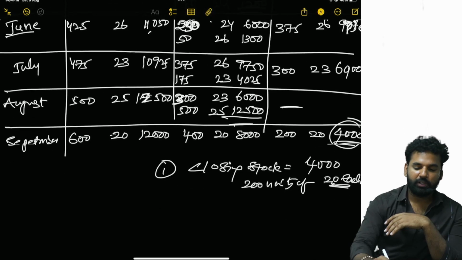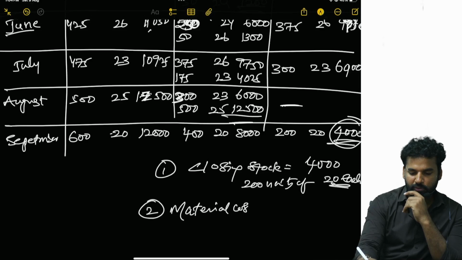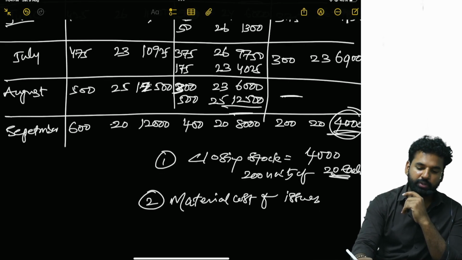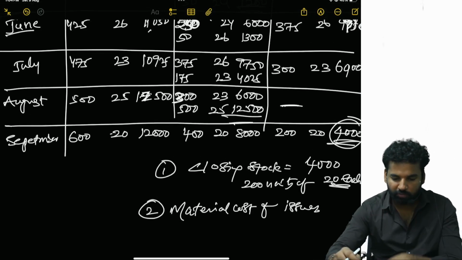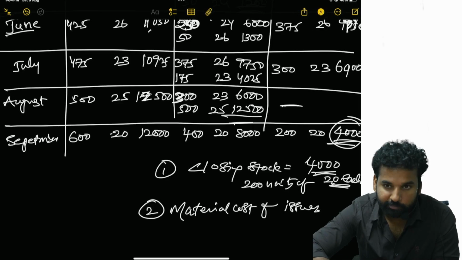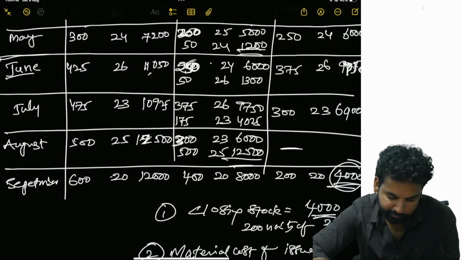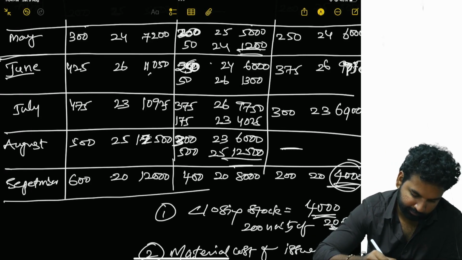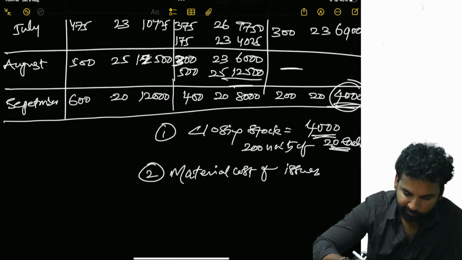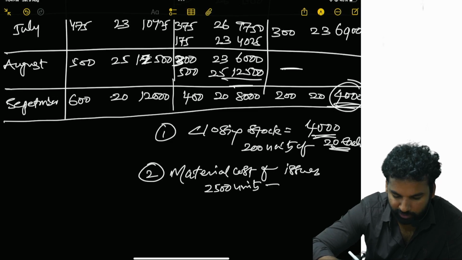This is one. Next, if you calculate material cost of issues, you tell me how many units issued? How many units issued? What is the total value? 2,500 units are okay. What is the value?